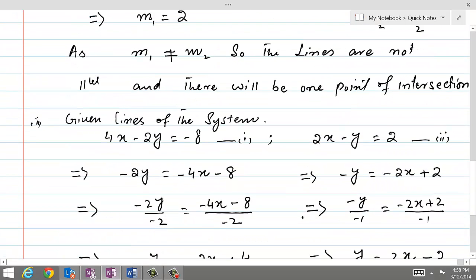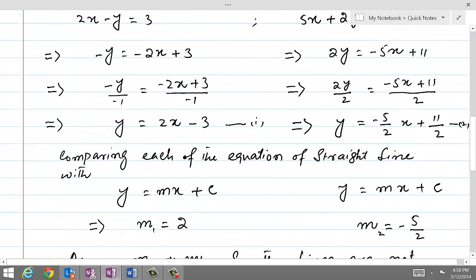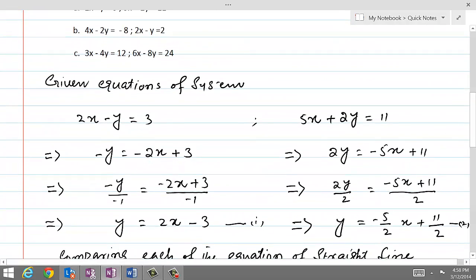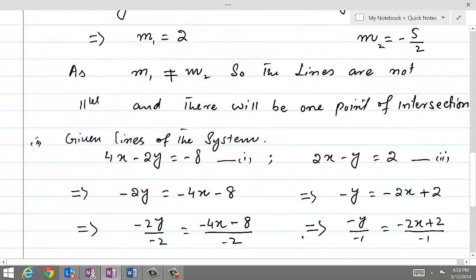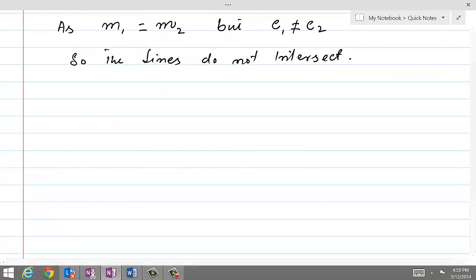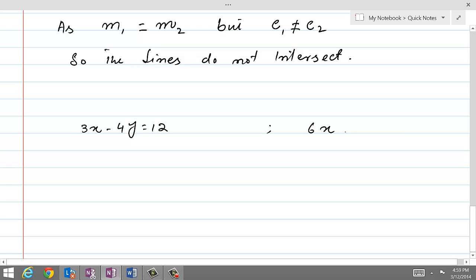So this is for the second system, and let's take a look at the third system. The third system we have here is 3x minus 4y equal to 12, and the second equation of the system is 6x minus 8y equal to 24.